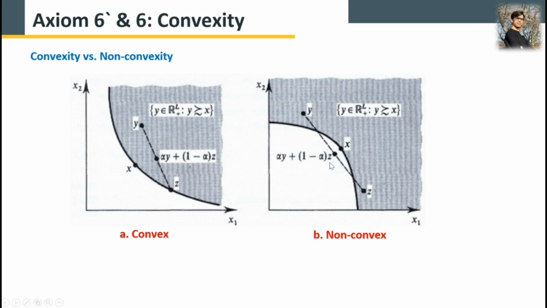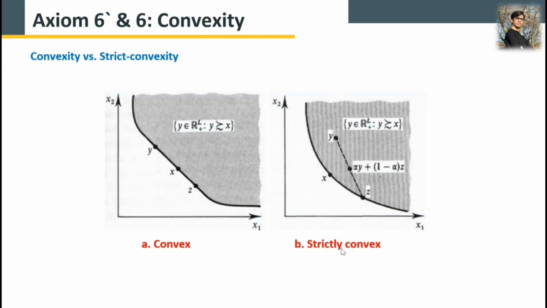So although y and z are at least as good as x, the combination or any point between them cannot be preferred to x, so it's non-convex. Now graphically it's clear what is a convex and what is a non-convex set.